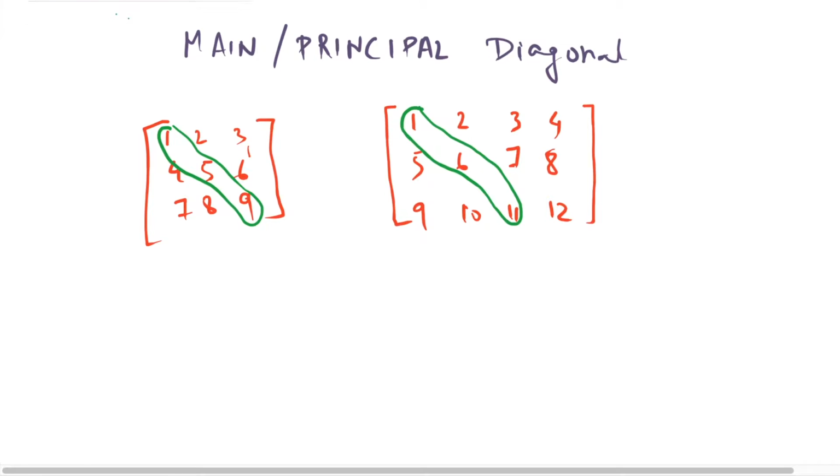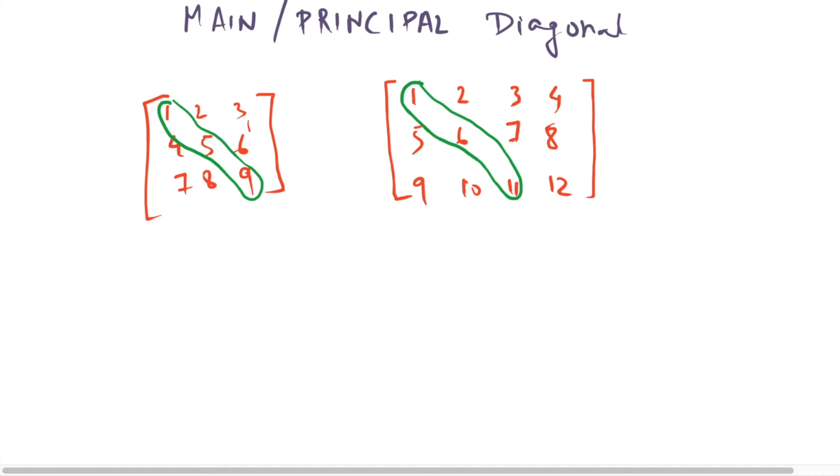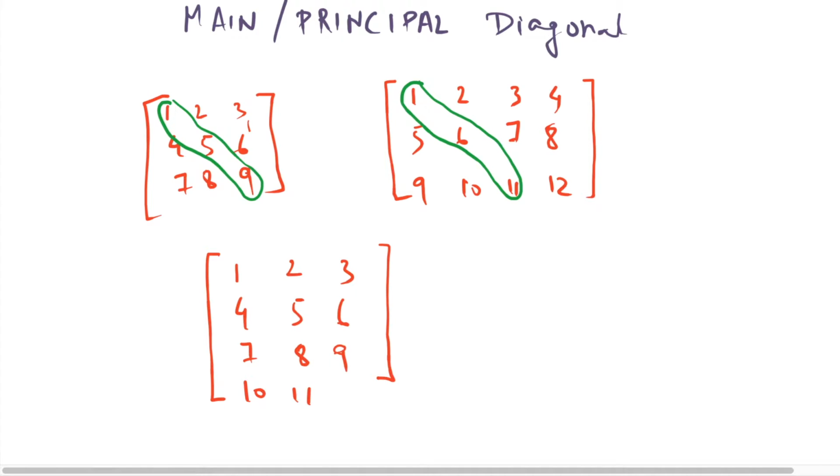And finally, to end the explanation, let me take one more example. Let me consider now a 4 by 3 matrix, and let's say the elements of this 4 by 3 matrix are 1, 2, 3, 4, 5, 6, 7, 8, 9, and 10, 11, 12.